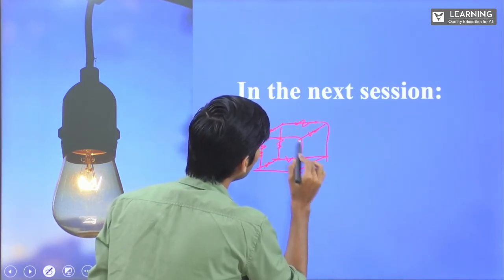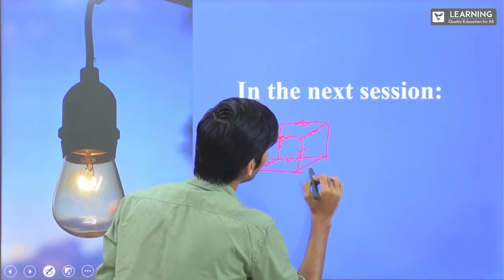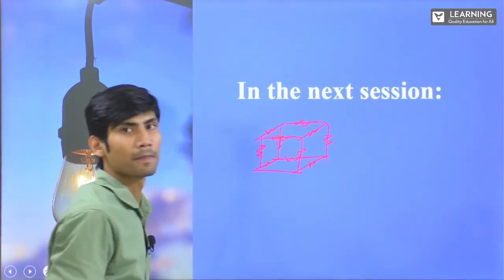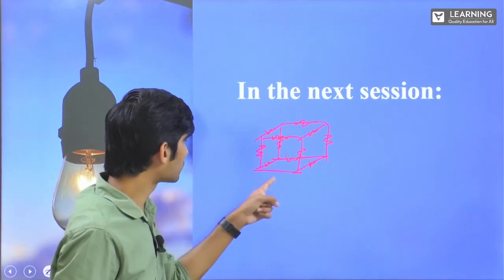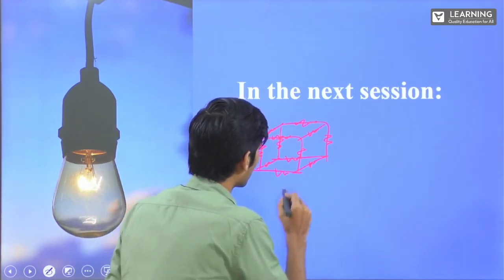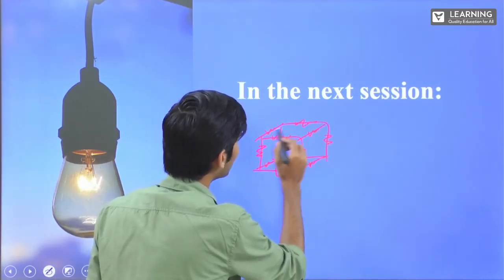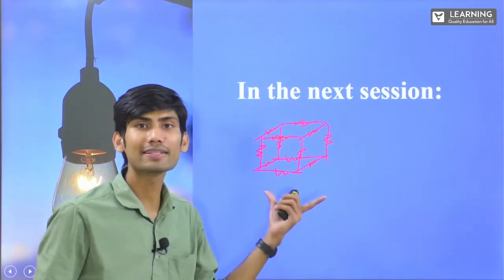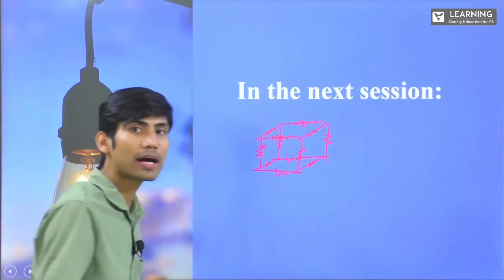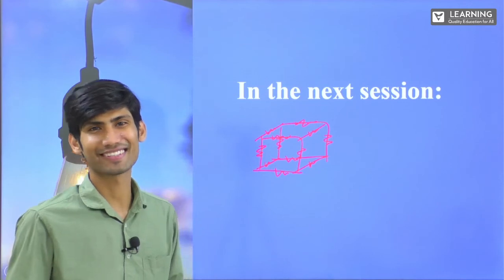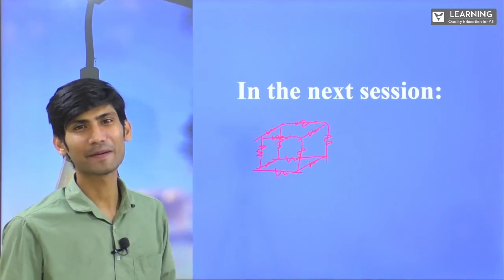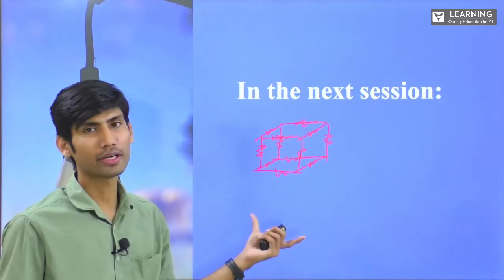How many edges will there be in total? 12, right? 1, 2, 3, 4, 5, 6, 7, 8, 9, 10, 11, 12. 12 resistances will be there. Then they will ask you to find the equivalent resistance. Complex, right? But once you know the way, it will be easy.